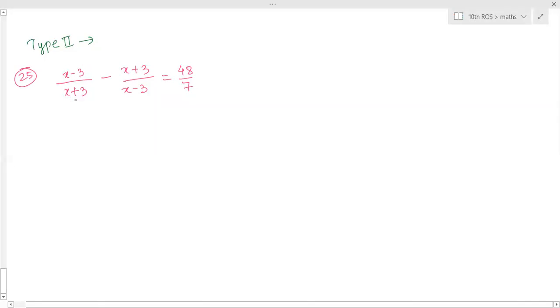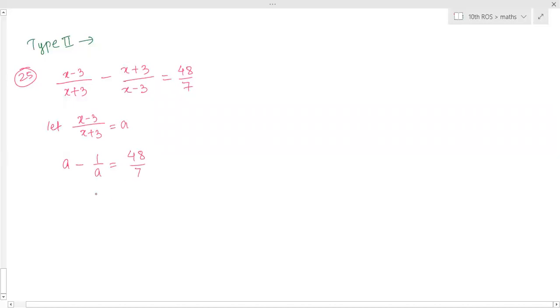But here there is one special thing: this fraction and this fraction are reciprocals of each other. So in such cases, we will consider x minus 3 by x plus 3 as another variable a. So one variable is a, and the other will be its reciprocal. The equation will change to a minus 1 by a is equal to 48 by 7.